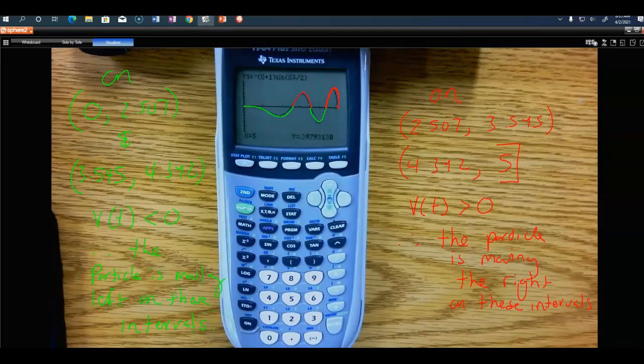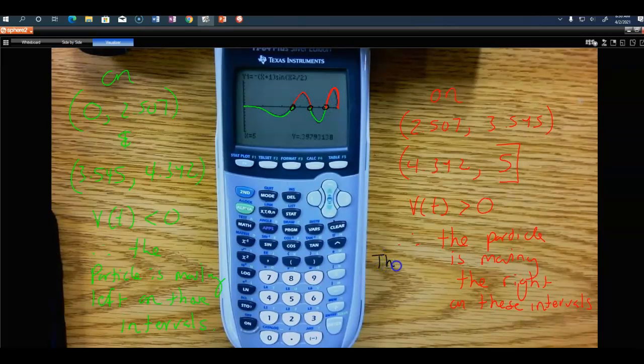So now we know where it's moving left, we know where it's moving right, and therefore where is it changing its directions? Well, it's changing its directions at those points where it switches from green to red. So in other words, those 3 points that we found.